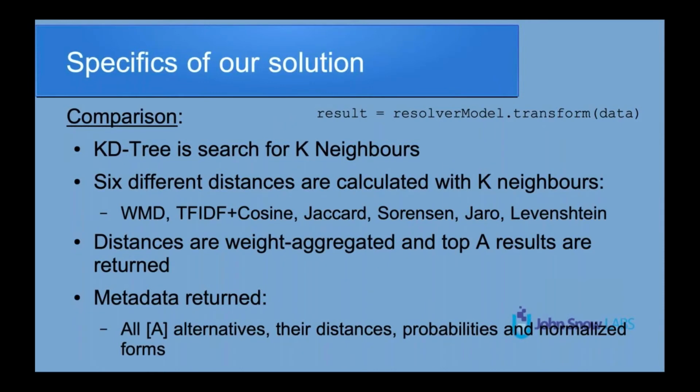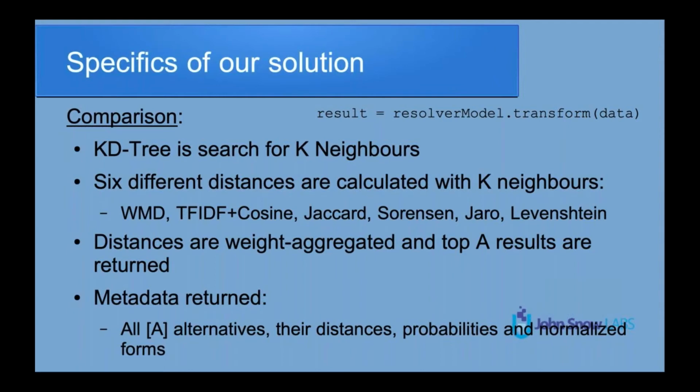Then we go ahead to the comparison stage. We also have an API, of course, for this comparison stage, and it's basically the transform function. The transform function, which is part of the model that we have just serialized, right? We will go ahead and start finding k neighbors for a given input. So we will start searching in the KD tree in an n log n order of algorithm.